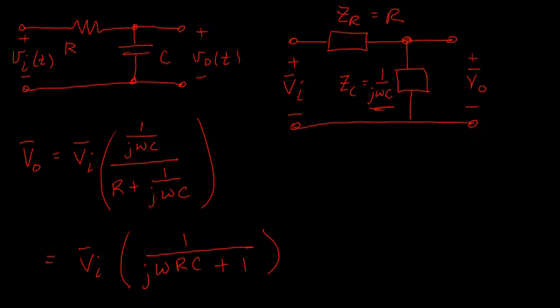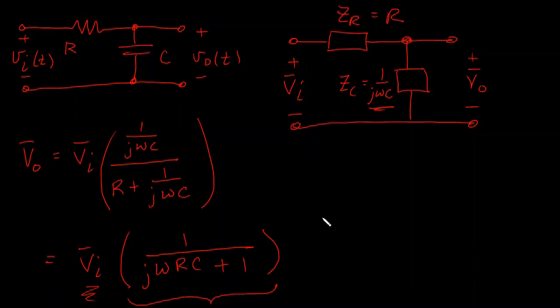Okay, so if you notice, this thing is what we would call the voltage gain, because we would take both sides and divide by our VI, so we would have V out over V in is going to be this expression, 1 over the quantity j omega RC plus 1.